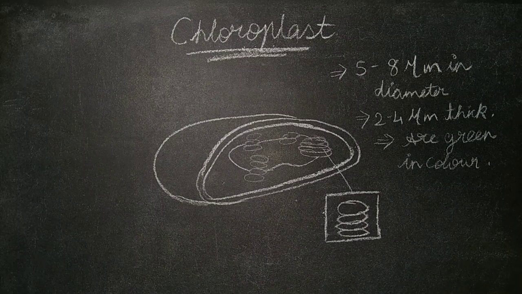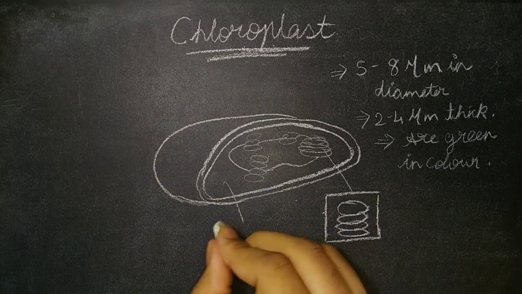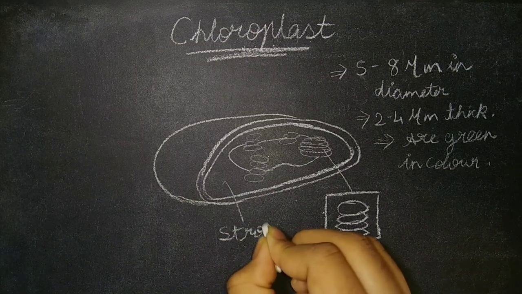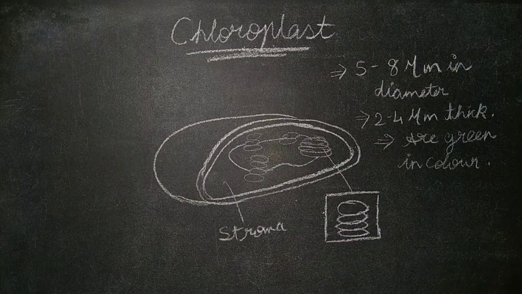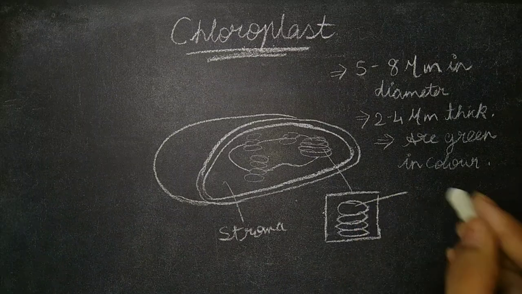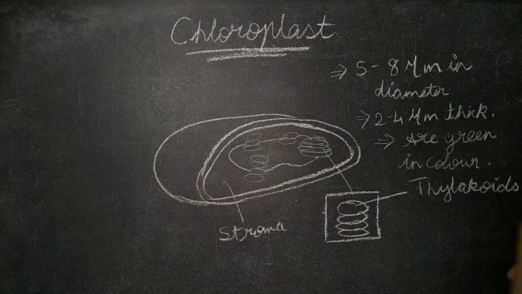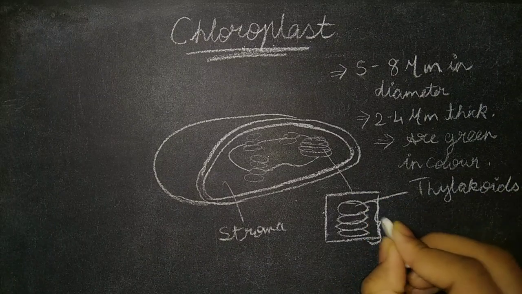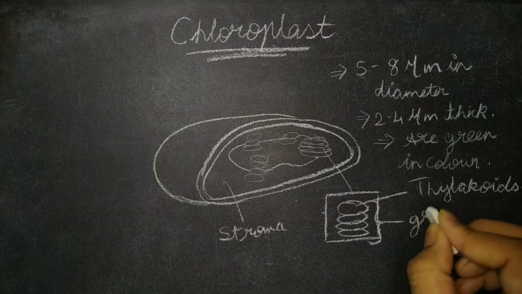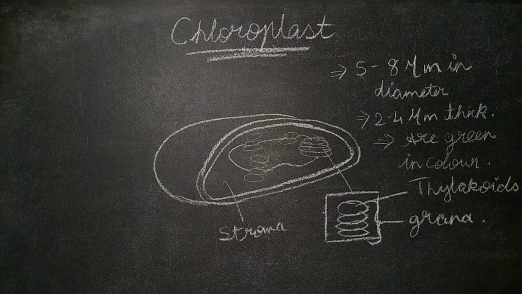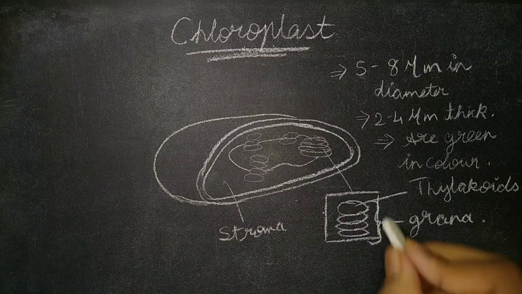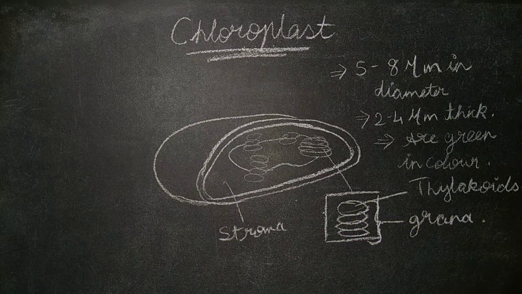Inside the chloroplast, the material present is called stroma. Within the stroma there are stacks of thylakoids, where this single unit is called a thylakoid. These stacks of thylakoids are called grana. Thylakoids have a flattened disc shape, and inside is an empty area called the thylakoid space or lumen.